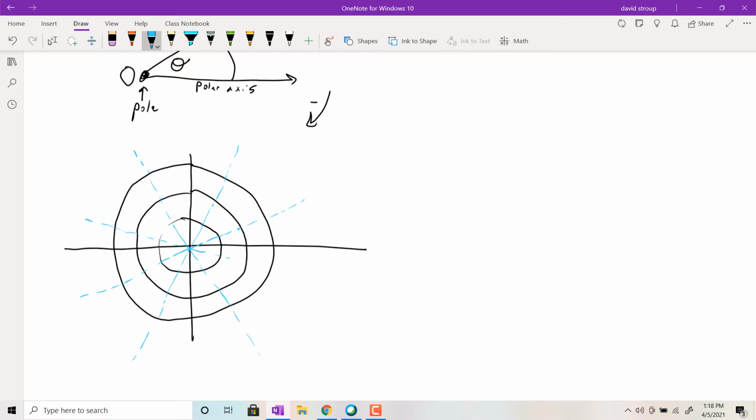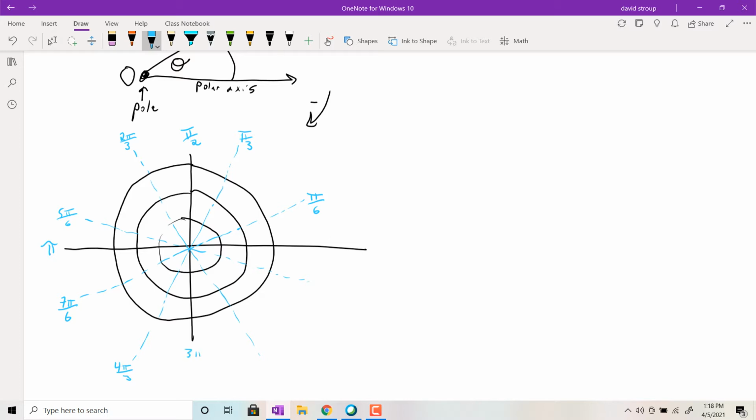Usually you won't have to draw out all the radial lines, depending on the situation you're dealing with. But the way I usually do it is going first pi over 6, then 2 pi over 6, which is really pi over 3, 3 pi over 6, which is pi over 2, and then 4 pi over 6, which is 2 pi over 3, 5 pi over 6, and then 6 pi over 6 is just pi, and then 7 pi over 6, 8 pi over 6, which is 4 pi over 3.